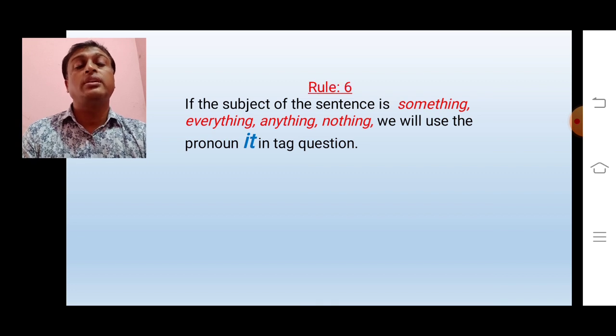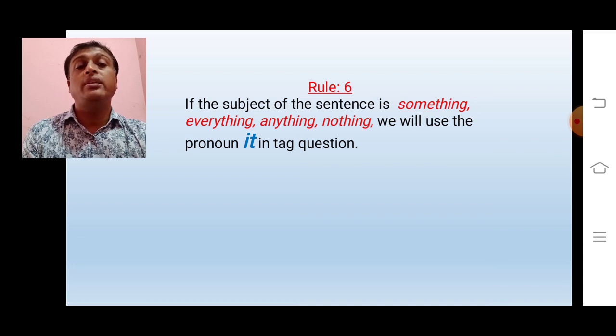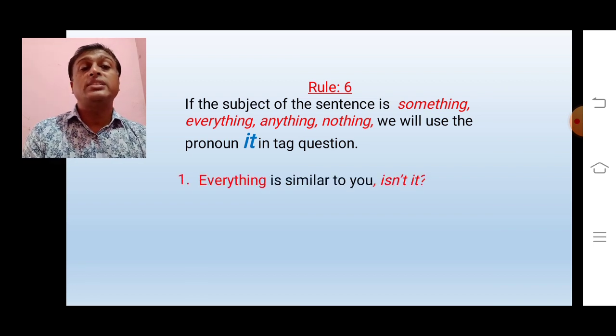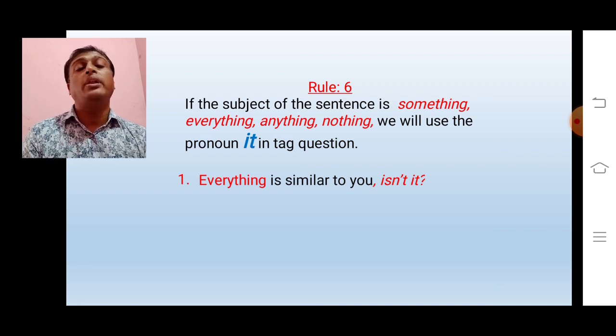Rule 6. If the subject of the sentence is something, everything, anything, nothing, we will use the pronoun it in tag question. That means if you find something, everything, anything or nothing as the subject of a sentence, you will write it in lieu of these words.